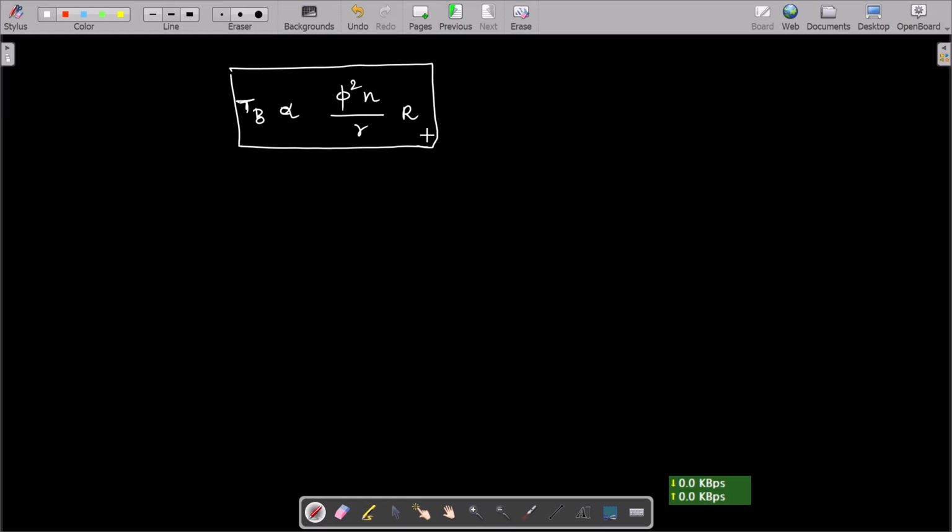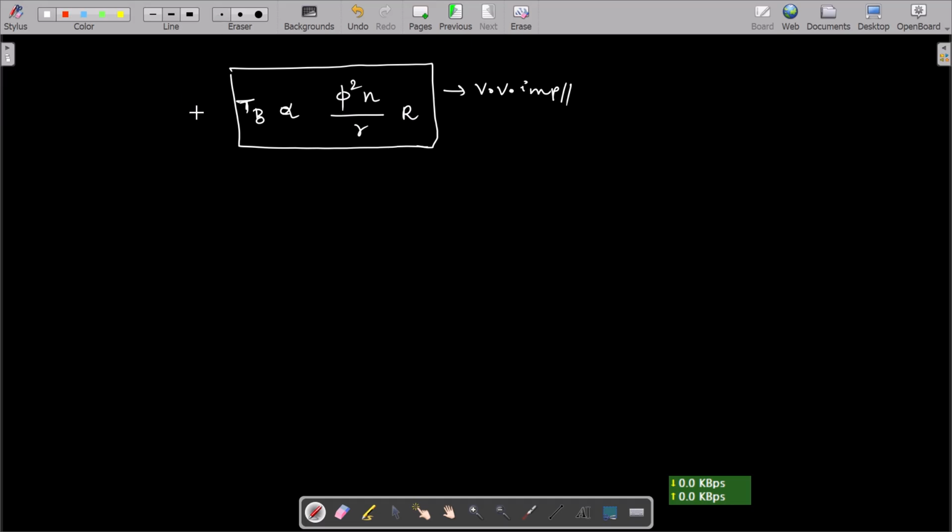So we can say that TB will be proportional to phi square N and R, where R is capital R. This is the braking torque expression, very important. Remember this expression.